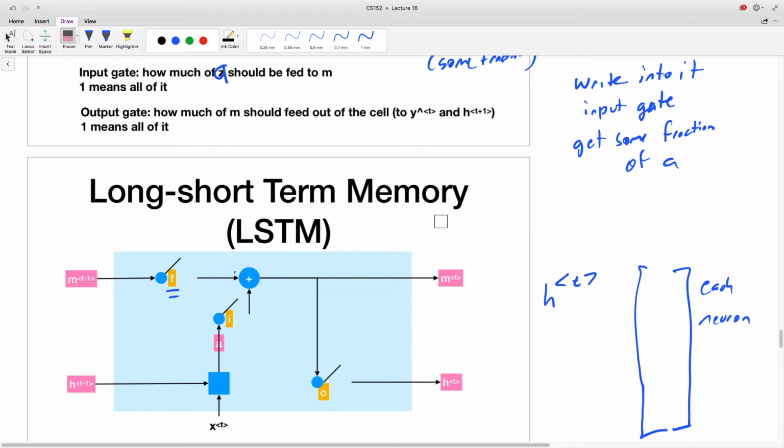As we look at the gradient, the loss to time step t, what is the gradient from mt to mt minus 1? So d mt over d mt minus 1 equals what?